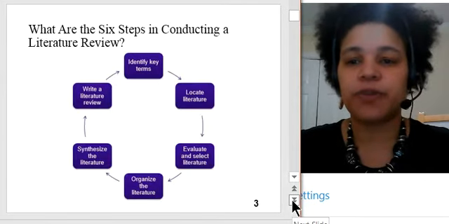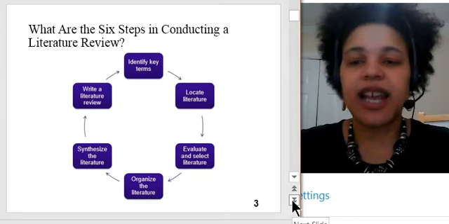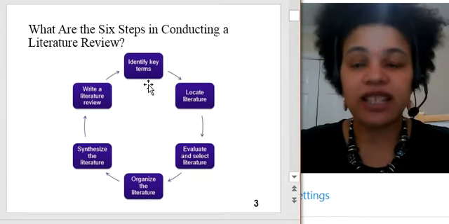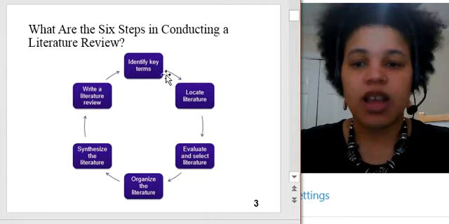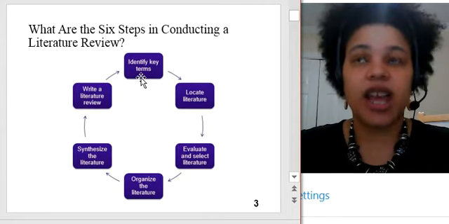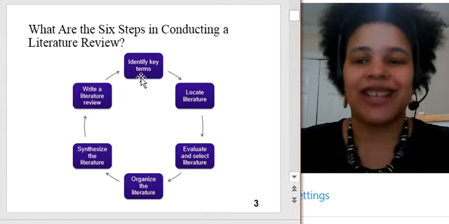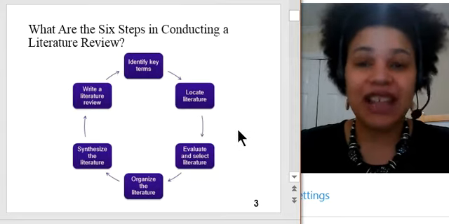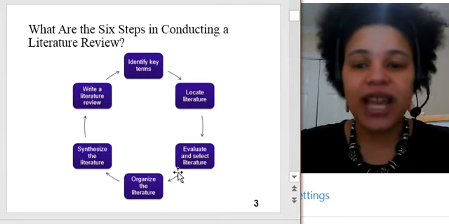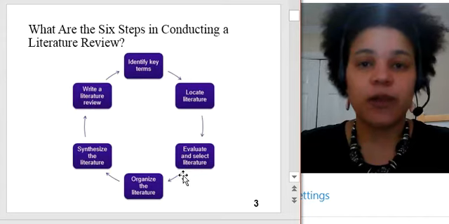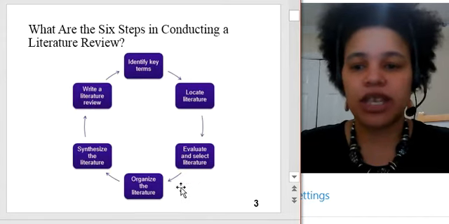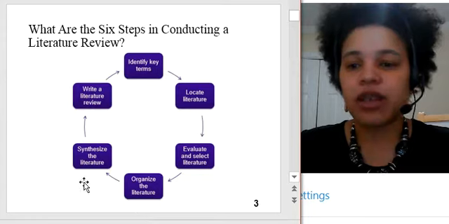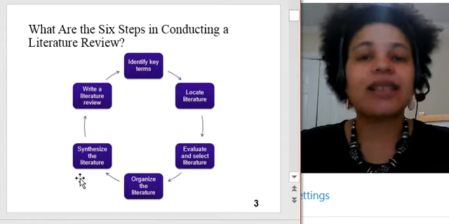So, 6 steps in conducting a literature review. First, identifying key terms, and usually again 3, and I'll talk a little bit more about that. Locating the literature, evaluating and selecting the literature, that usually what's most applicable to your key terms, organizing the literature that you have found and selected, synthesizing it.